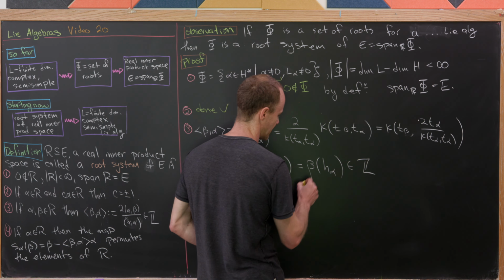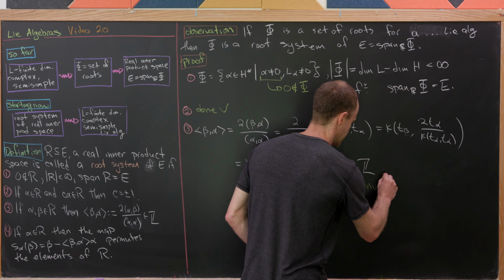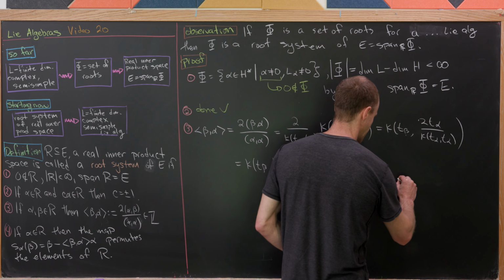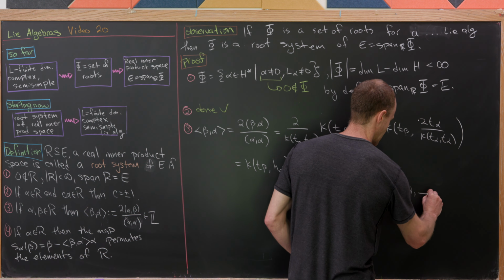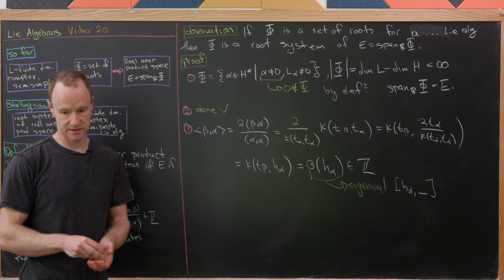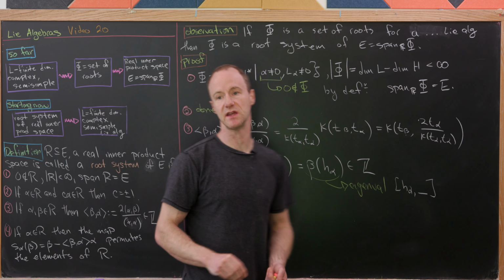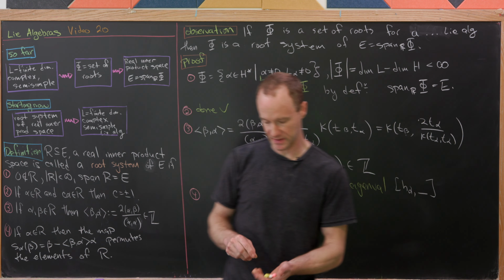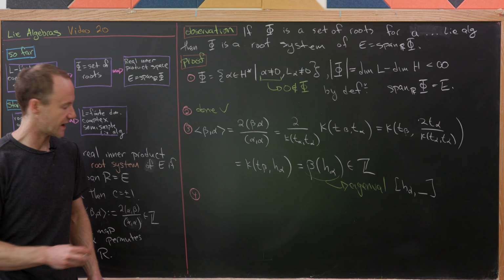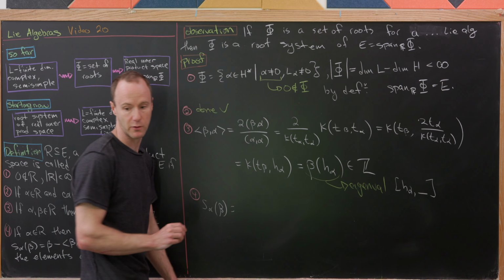So let's maybe write that down. So this is, like I said, an eigenvalue of something we get when we take H alpha with something else. Okay, nice. So now let's move on to this fourth condition, which is the permuting of the elements of R. Okay, so let's maybe just do an S alpha beta and see what we get.